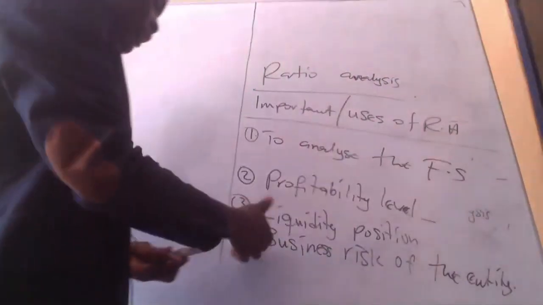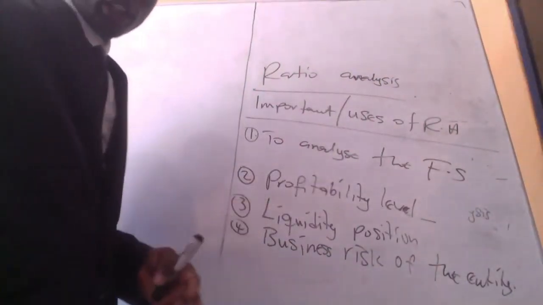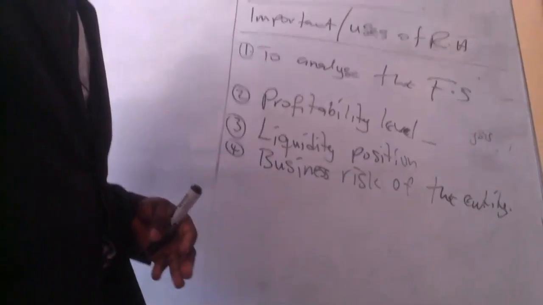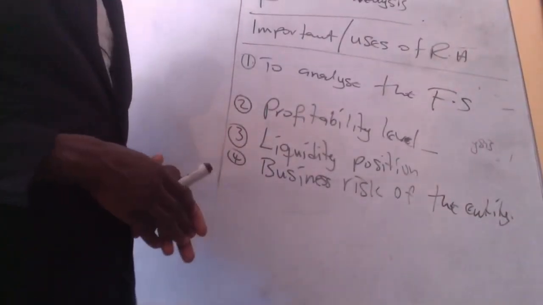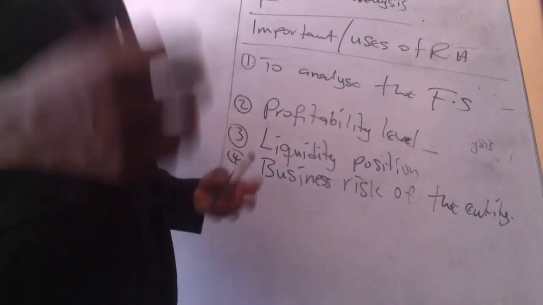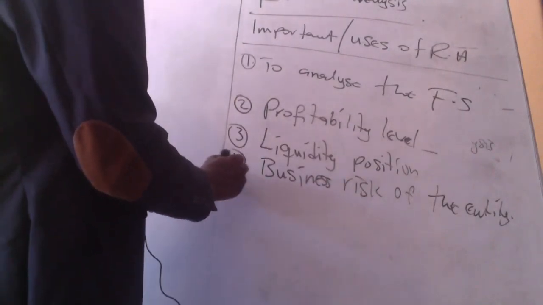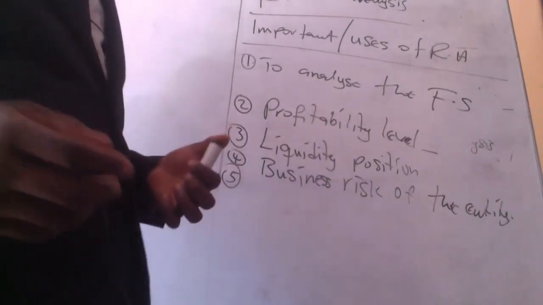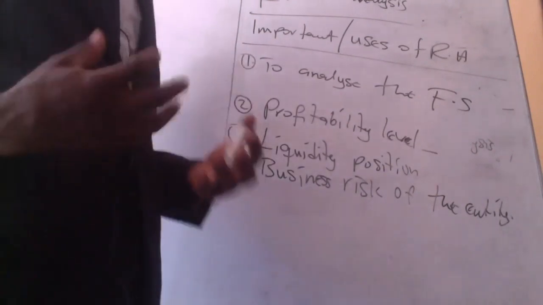Good. The ratio that we normally use to measure the business risks is the operating gearing. So thank you. Then I'll go to my fifth point, still on the importance of ratio analysis.